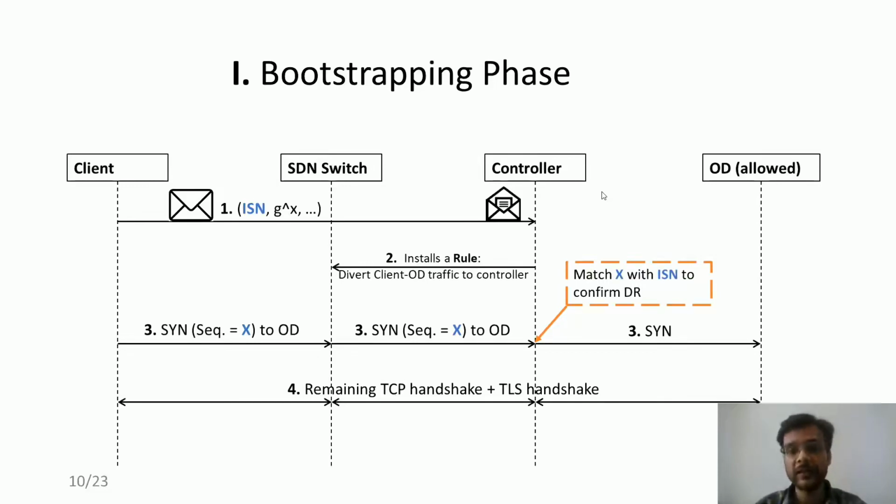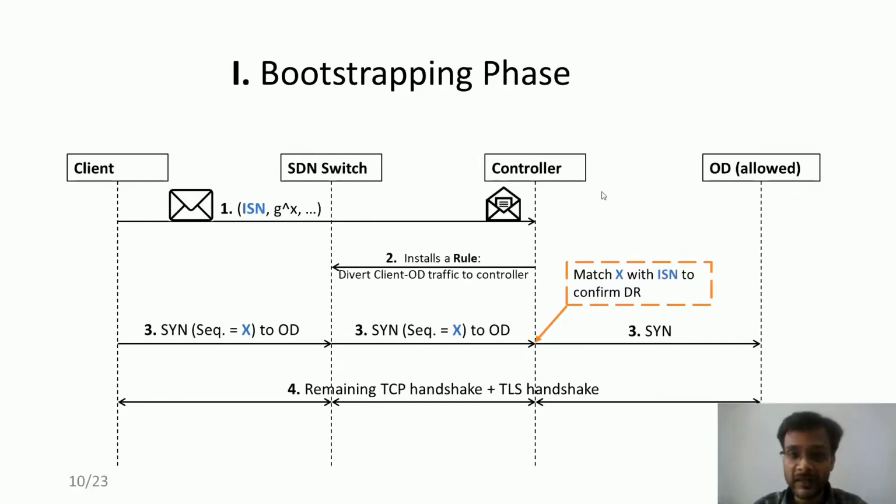This email contains information which will help the controller identify that it is a legitimate decoy routing client. In our design, we use the initial sequence number as the secret message. So the client initiates by sending an email. It contains the initial sequence number along with some parameters which are required to derive the secret key and so on.